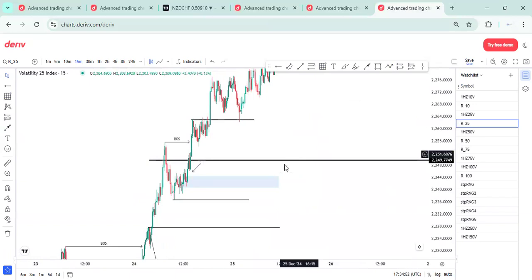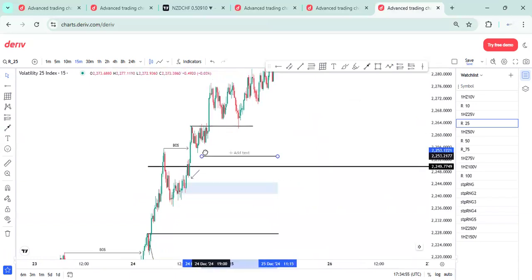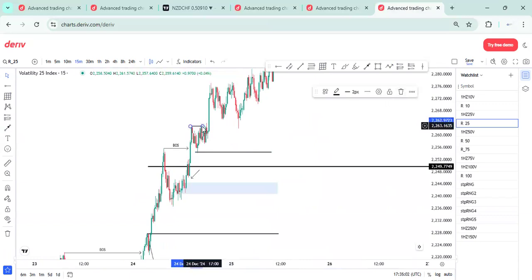Now, this was our new low that gave us this break of structure here. Our new low that broke structure and gave us what?